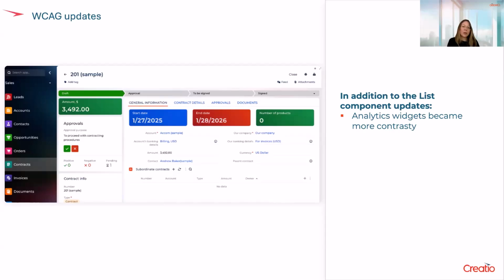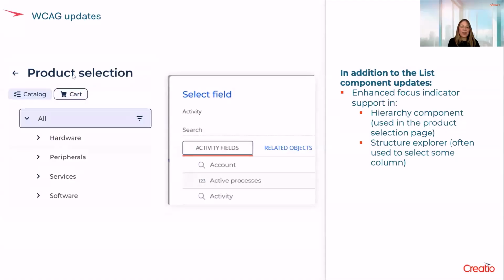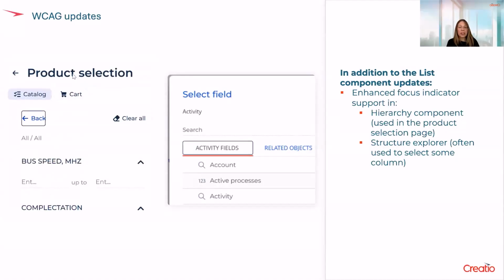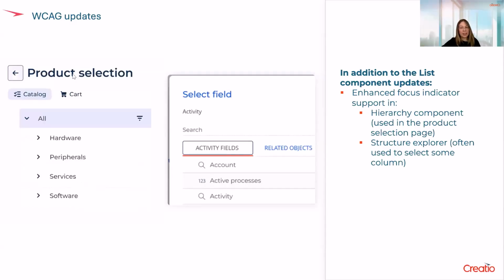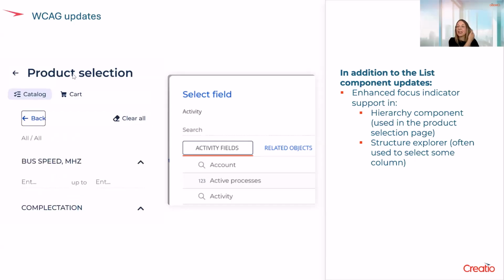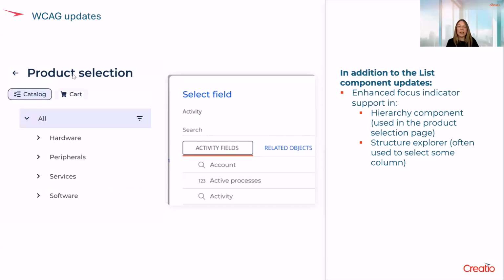Similar contrast updates are planned for other pages that haven't yet been updated, so stay tuned. Keyboard focus indicators have been improved in components like Structure Explorer and Product Selection. As you can see on the slide here, we continue enhancing this in the 8.3 version.